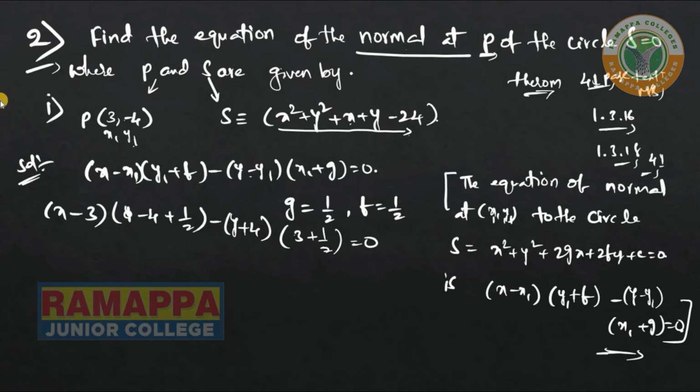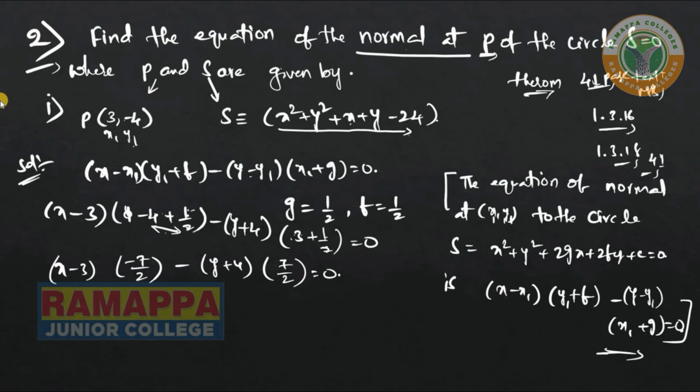Now x minus 3 into minus 4 plus 1 by 2, which is minus 8 plus 1, minus 7 by 2, and here y plus 4 into 6 plus 1, 7 by 2, is equal to 0 now.